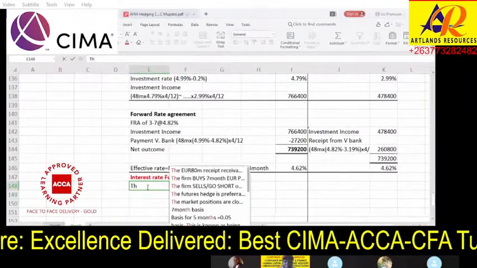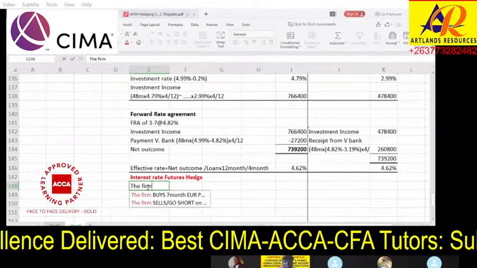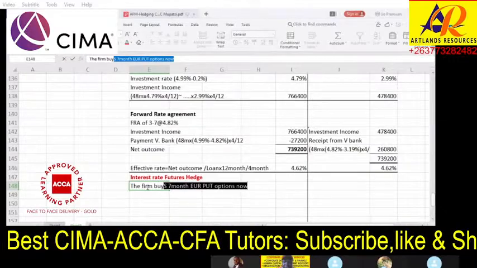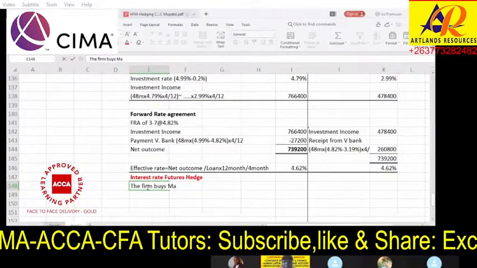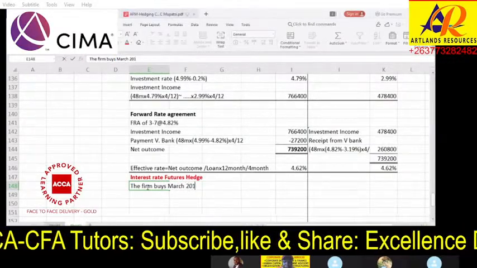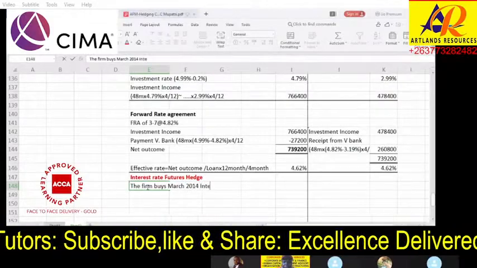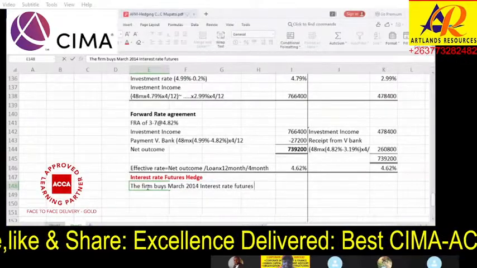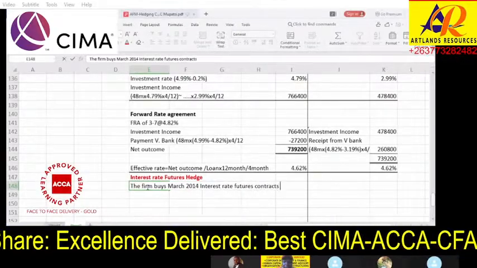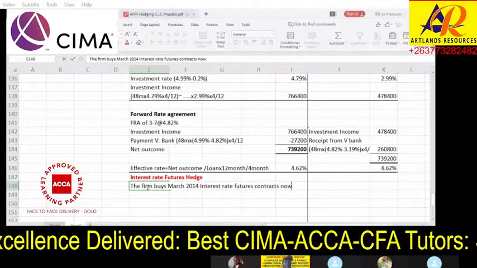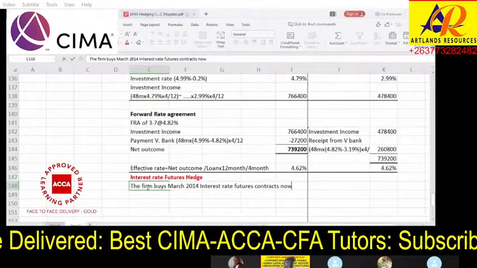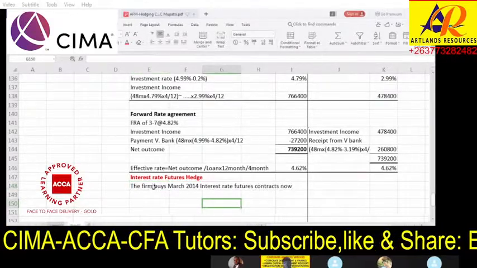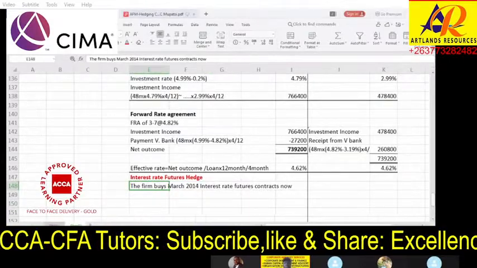First, to say the firm buys March 2014 interest rate futures contracts now. This statement is important. The firm buys March interest rate futures contracts now.